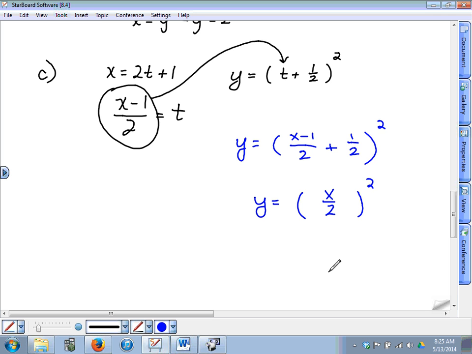I know I'm skipping a few of the arithmetic steps in between, but I'm pretty sure you guys can handle it. And then, just to get rid of parentheses, x over 2 to the second power is x squared over 4. So y equals x squared over 4.